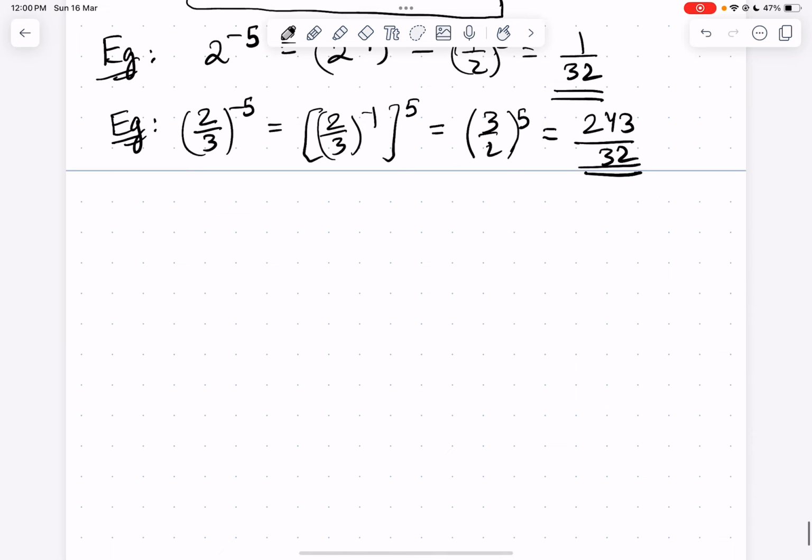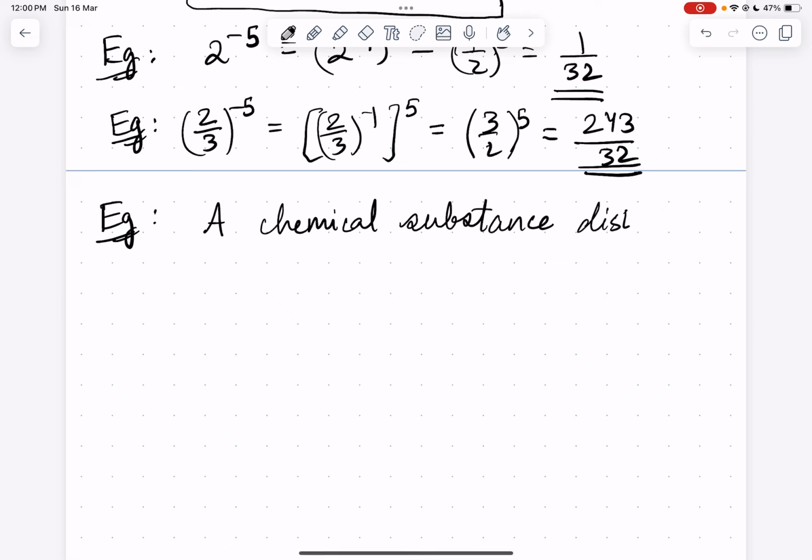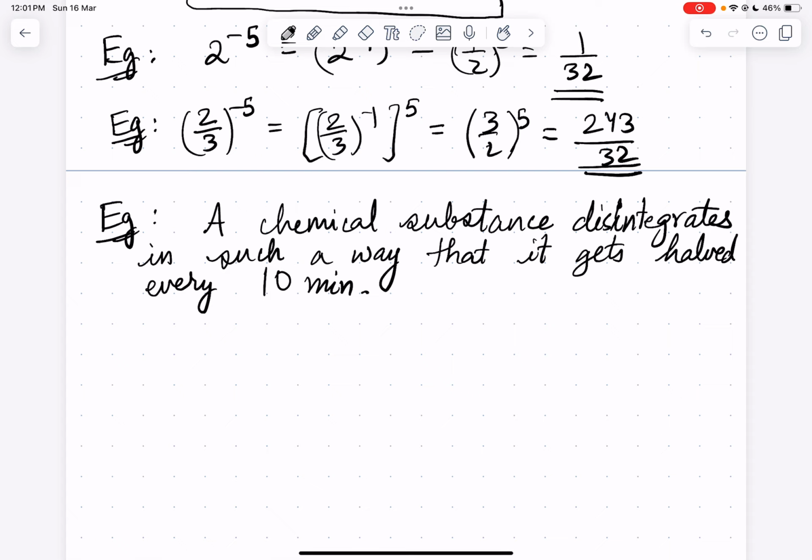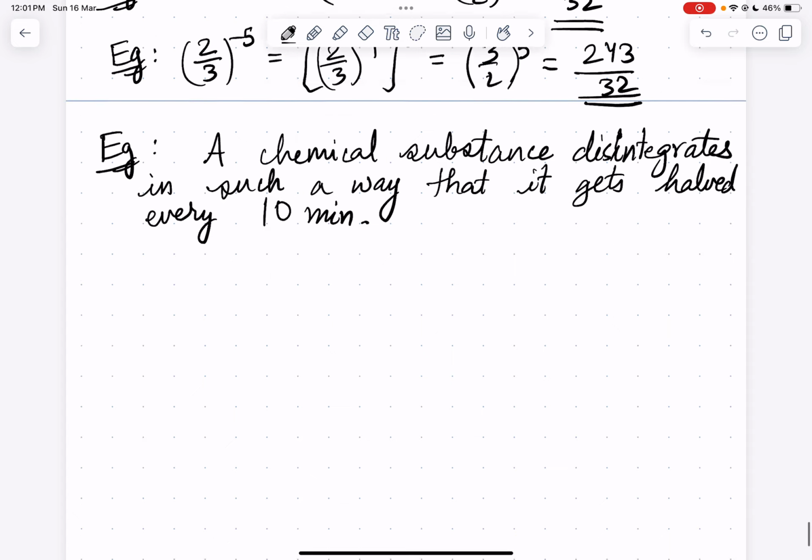An example: a chemical substance disintegrates in such a way that it gets halved every 10 minutes.